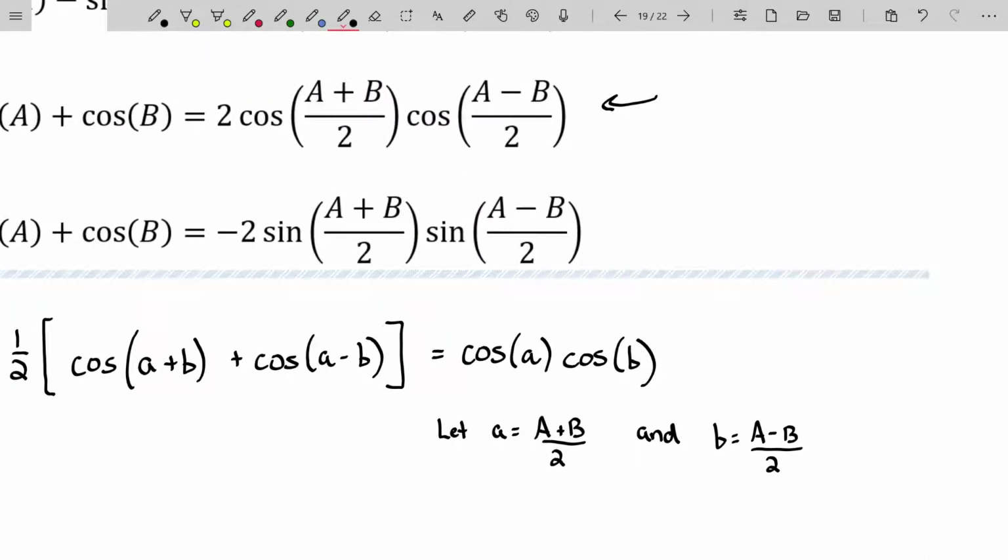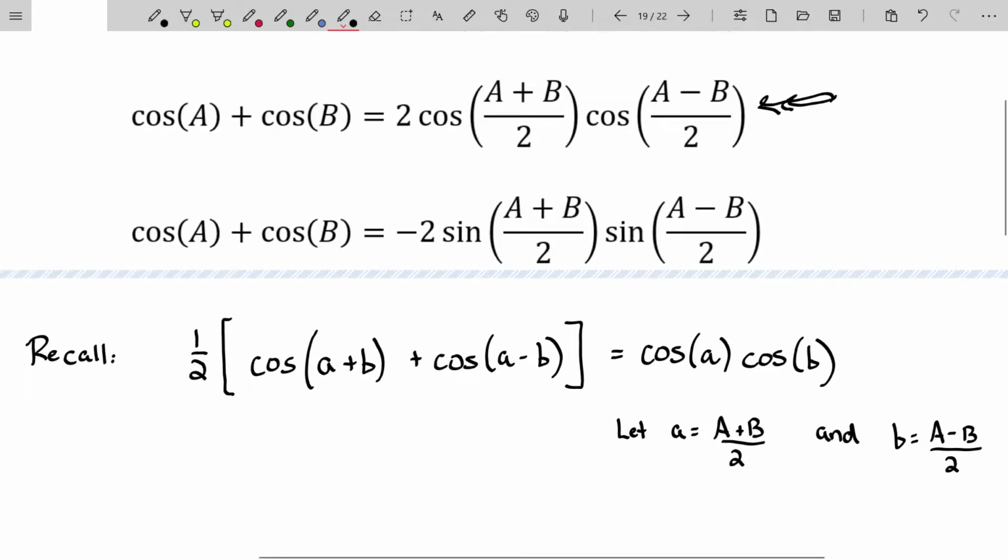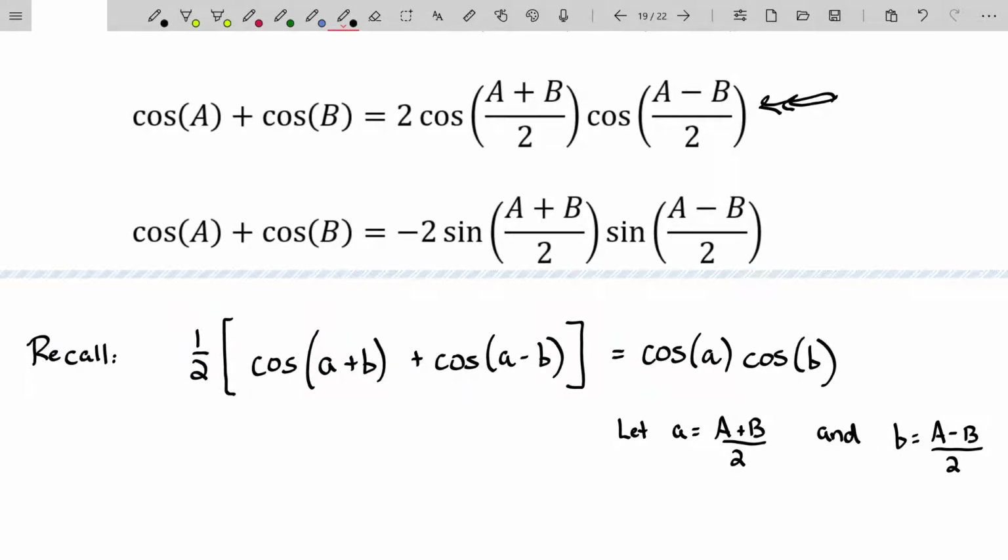And that's because of what I see in this theorem right here. I just want to trade out those arguments for the capital A plus capital B over 2 and the capital A minus capital B over 2. Of course, if you multiply both sides of this by 2, you'll get 2 times those cosines.